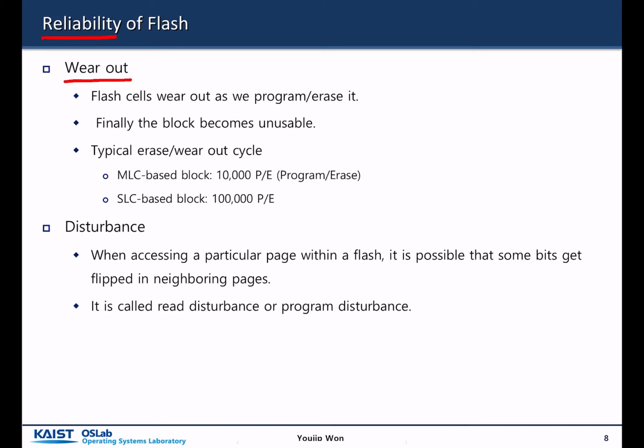The same thing happens to flash memory. Flash cells wear out as you program and erase them, and eventually the block becomes unusable. We call it the EW cycle. The typical EW cycle for an MLC-based block is 10,000. For SLC-based NAND, the PE cycle is 100,000.